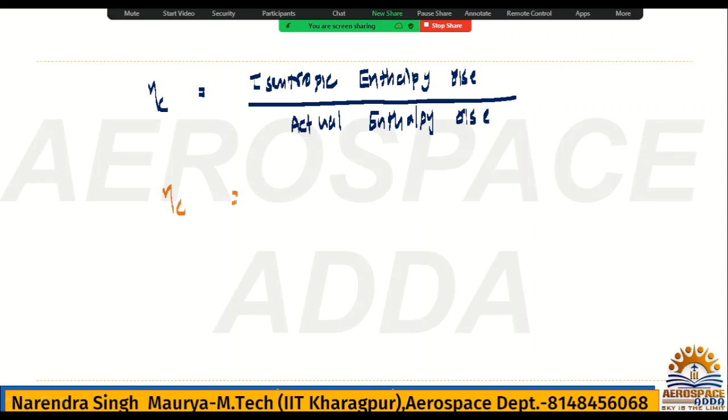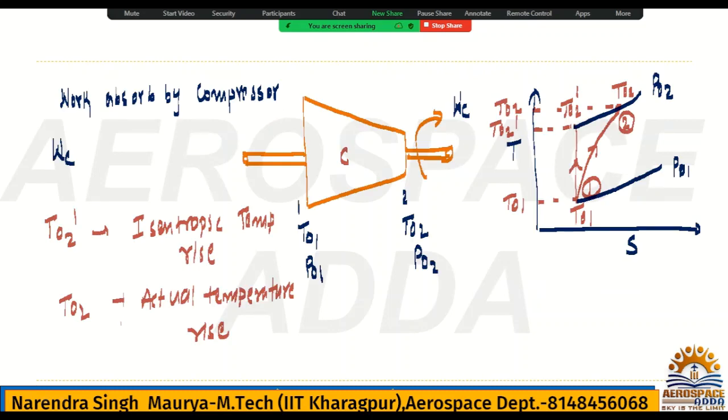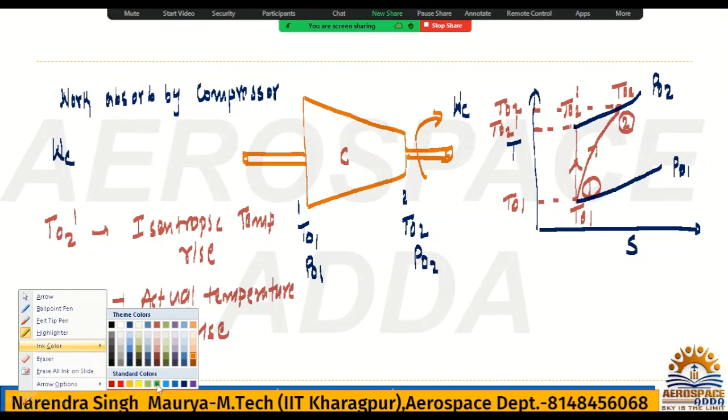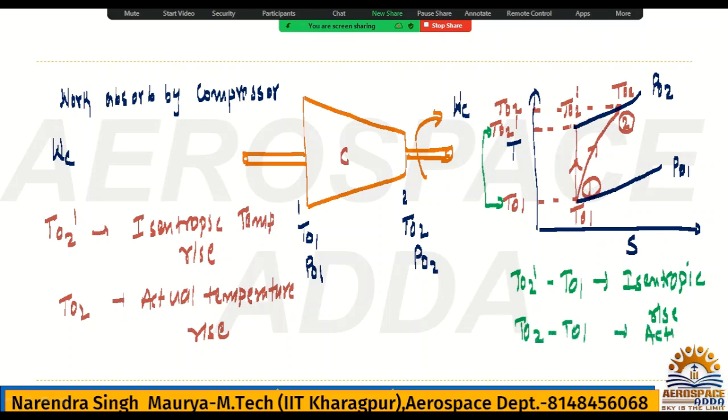So for compressor efficiency, what is the isentropic enthalpy rise? I explained that day also, and today I'm going to do the same thing. T naught 2 dash minus T naught 1 is the isentropic rise, and T naught 2 minus T naught 1 will be the actual rise.